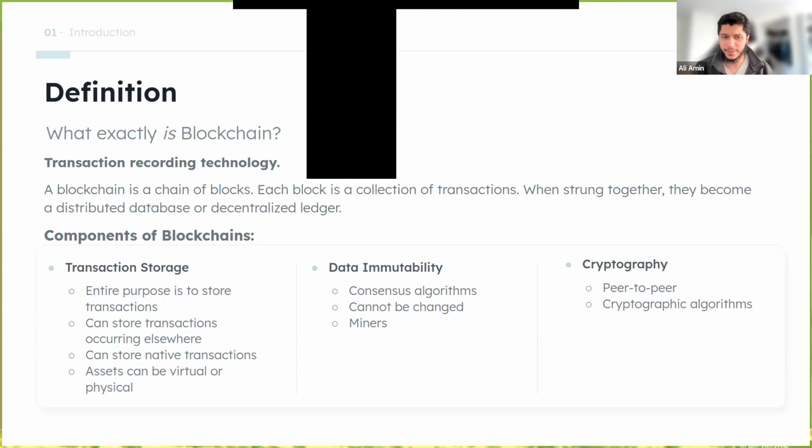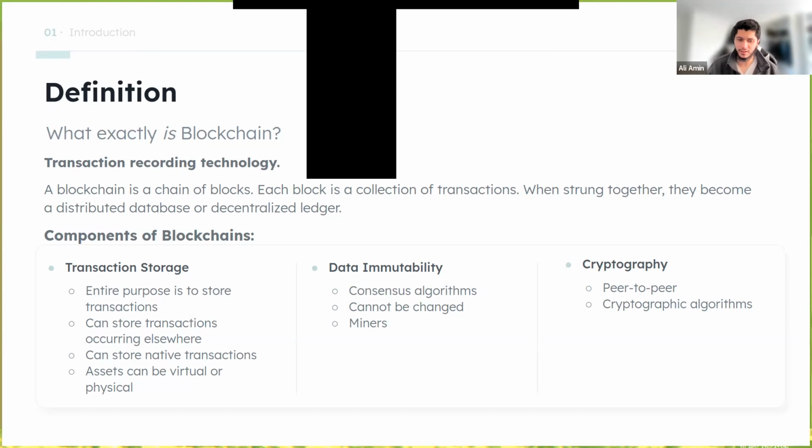The next thing is that you have this ledger, which is decentralized, this database which is keeping track of stuff. How do we make sure that it's not being tampered with, falsified, or changed? There's something called data immutability, and basically the main component is something called consensus. All blockchains need to have some kind of consensus.